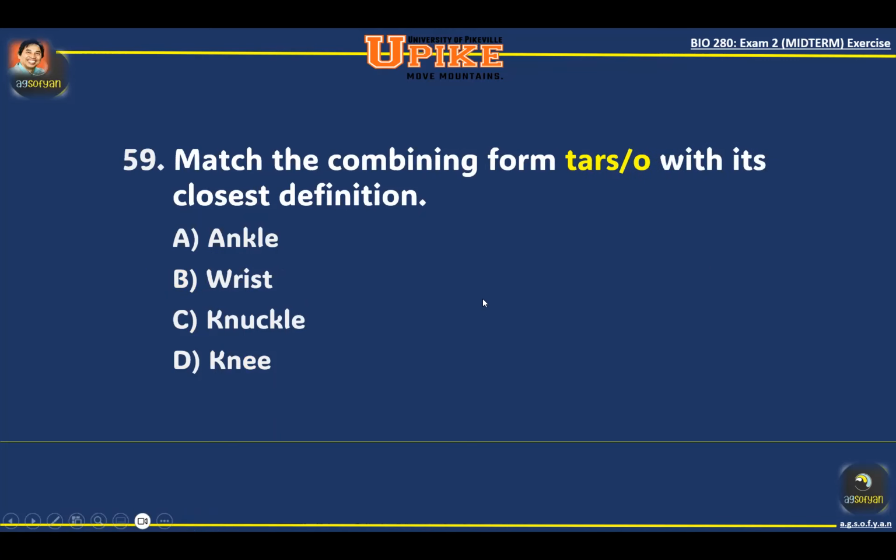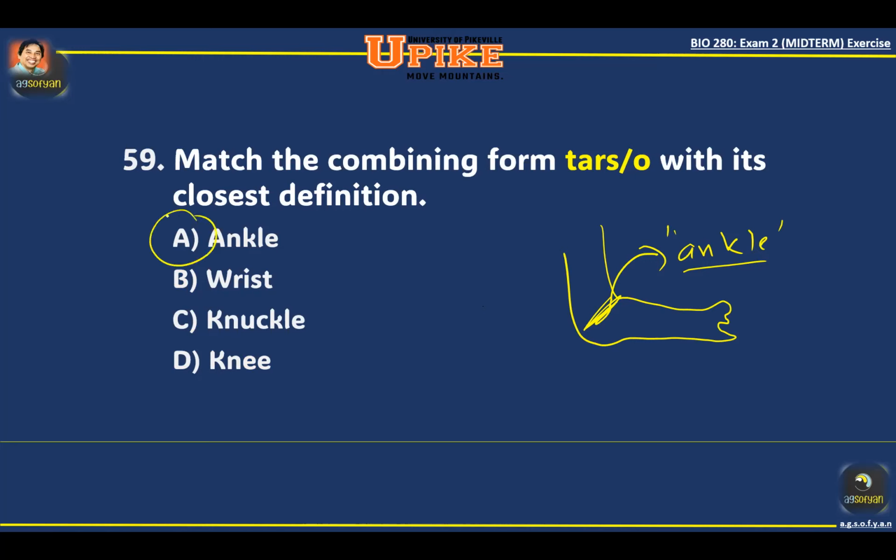Match tarso. If this is your foot, this is tarso over here, which is the ankle. We have 7 ankle bones over there, so tarso means ankle.